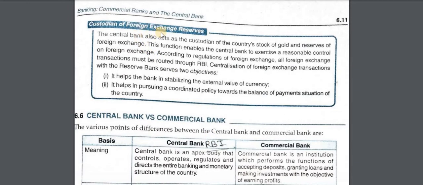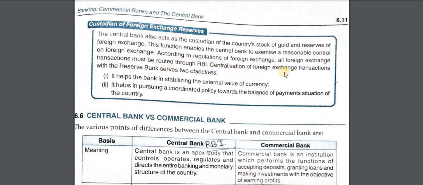Custodian of foreign exchange reserves. The central bank also acts as the custodian of the country's stock of gold and reserves of foreign exchange. These functions enable the central bank to exercise reasonable control over foreign exchange. According to regulations of foreign exchange, all foreign exchange transactions must be routed through RBI.